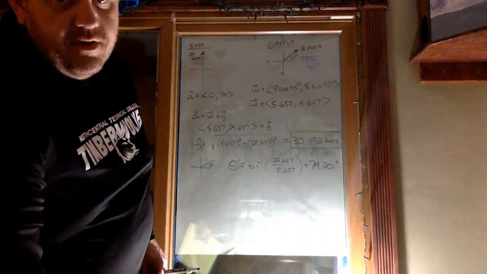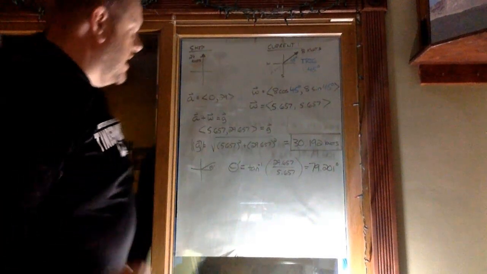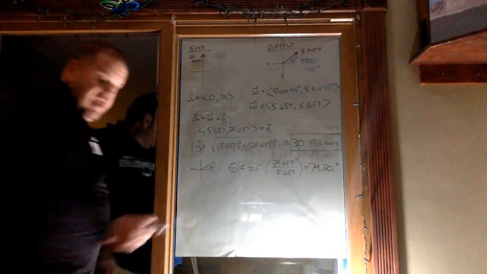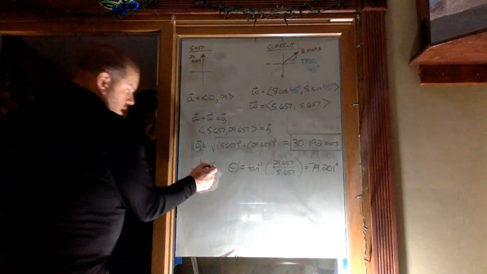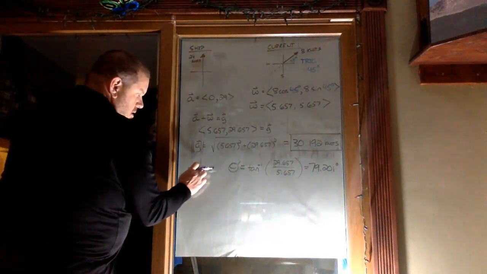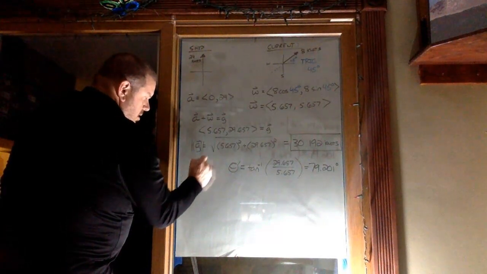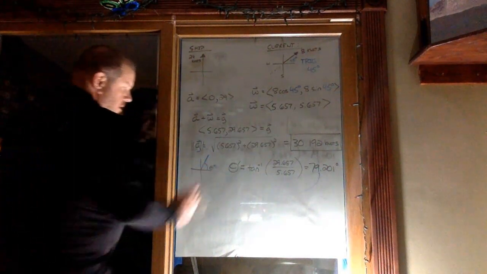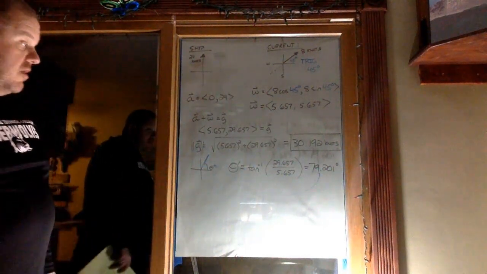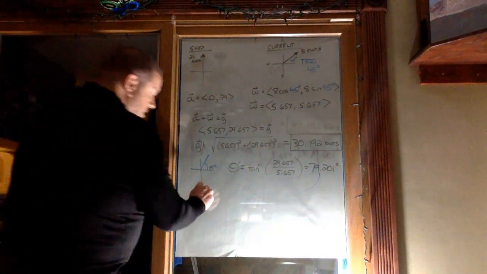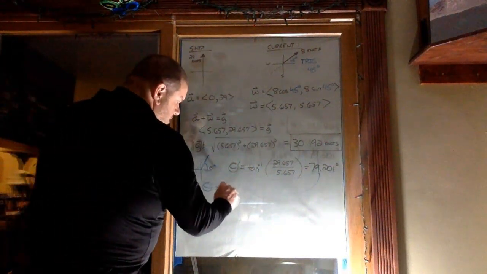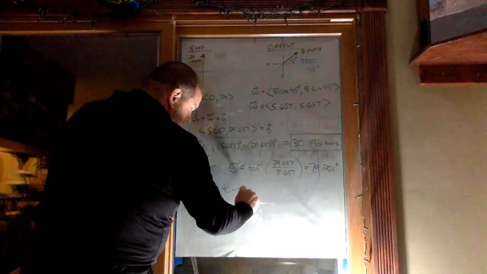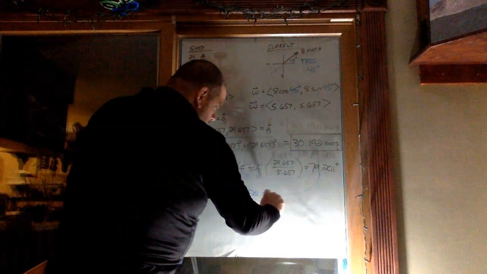Come on. There it is. 79.201 degrees. Love it. But that's this angle right in here. So that's this angle there. So my bearing, my actual theta, is going to be 90 minus that 79.201 degrees.